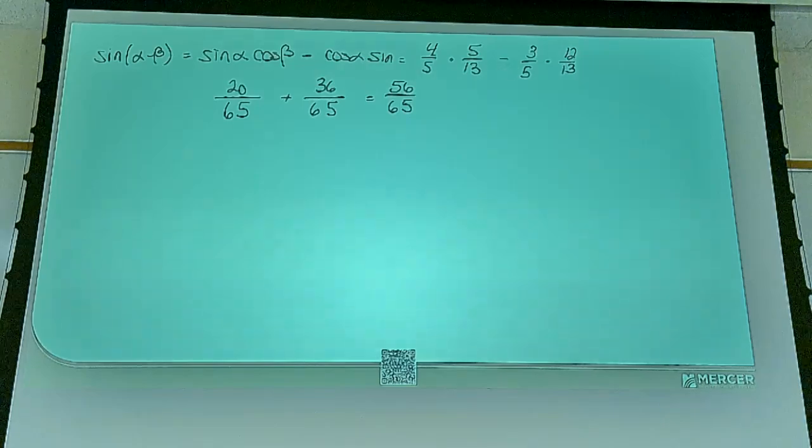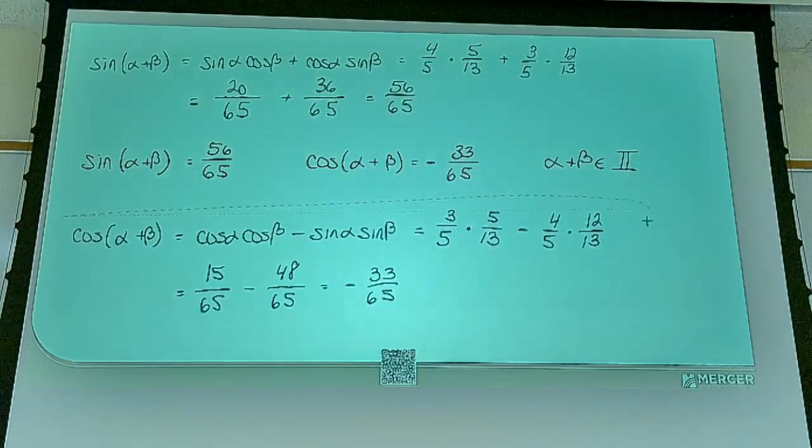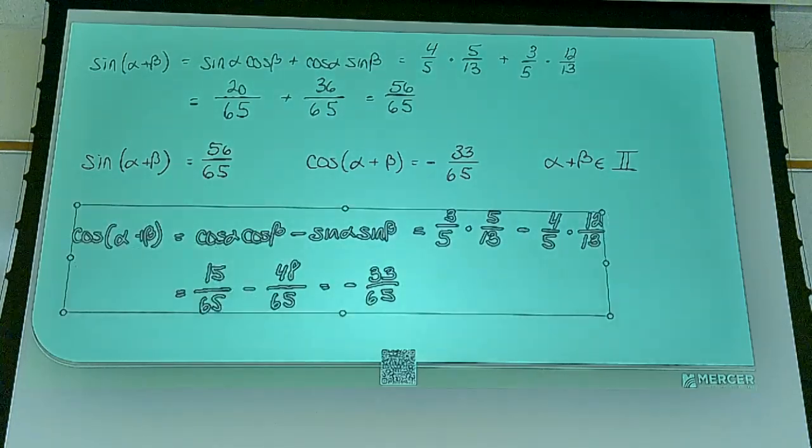And that becomes a minus, that becomes a minus. 20 minus 36. Minus 16. Straight up copy and paste.